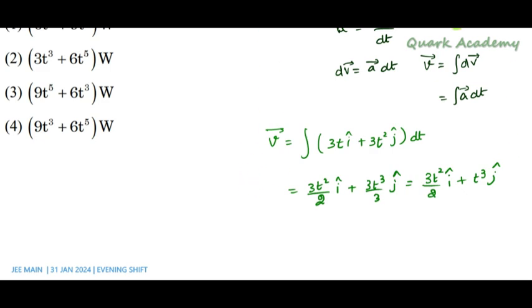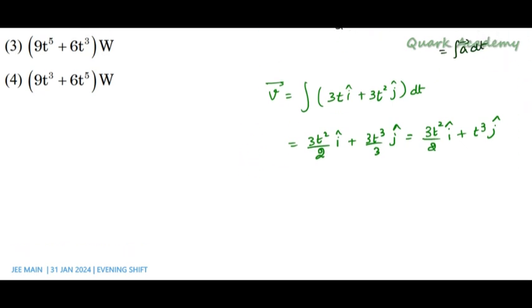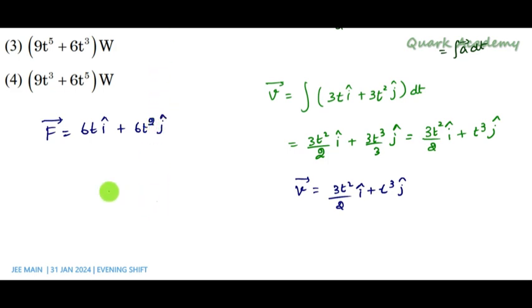So we got our velocity, which is 3t squared by 2 i cap plus t cube j cap. Also we got our force, which is in the question itself, 60 i cap plus 6t squared j cap. So we can find the power now. Power, a scalar quantity, equals force dot velocity.